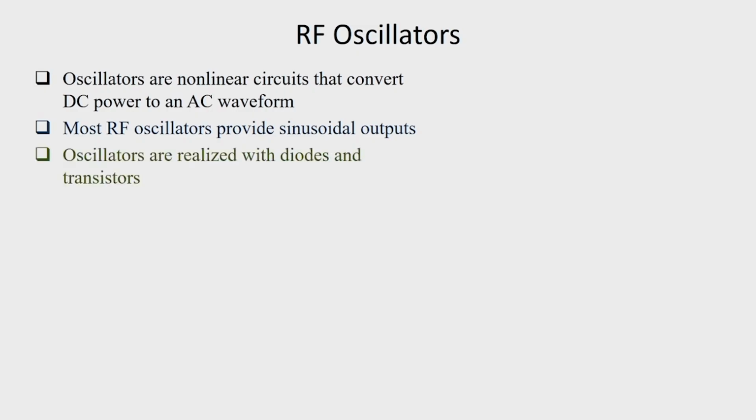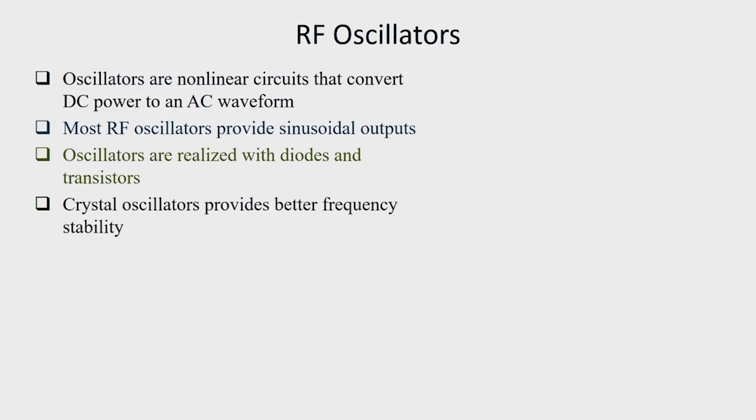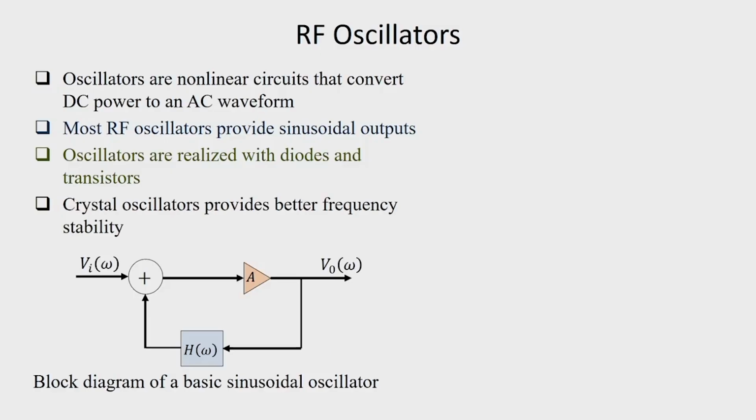Oscillators are realized using diodes and transistors. Apart from diode and transistor based oscillators, crystal oscillators are also used, which provide better frequency stability.